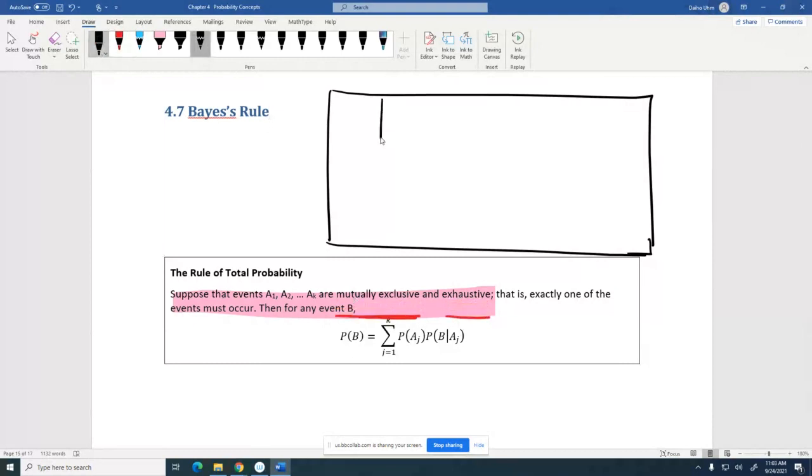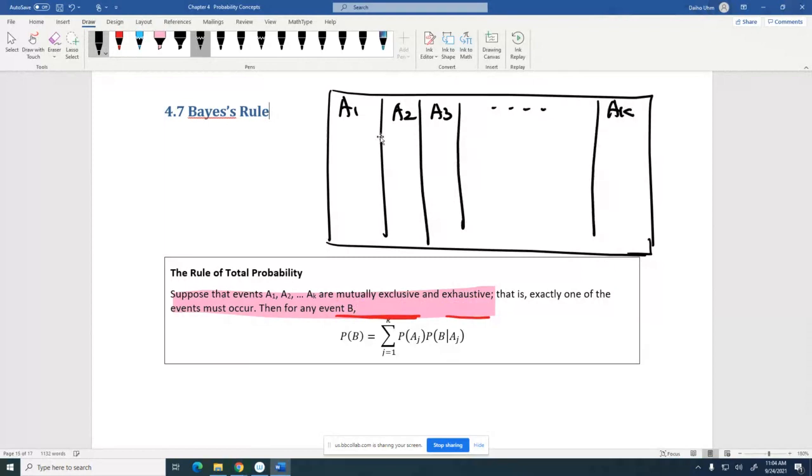Simply, I can make a Venn diagram. Here's A1, A2, A3, up to AK. Definitely, they are separated, mutually exclusive. Exhaustive means when we merge them together, it will be the same as the sample space.